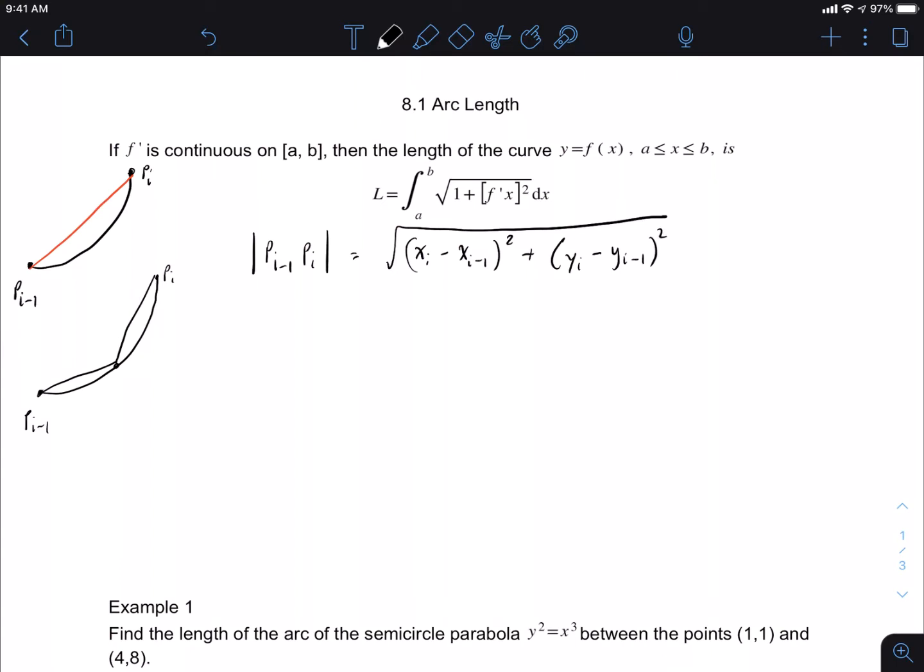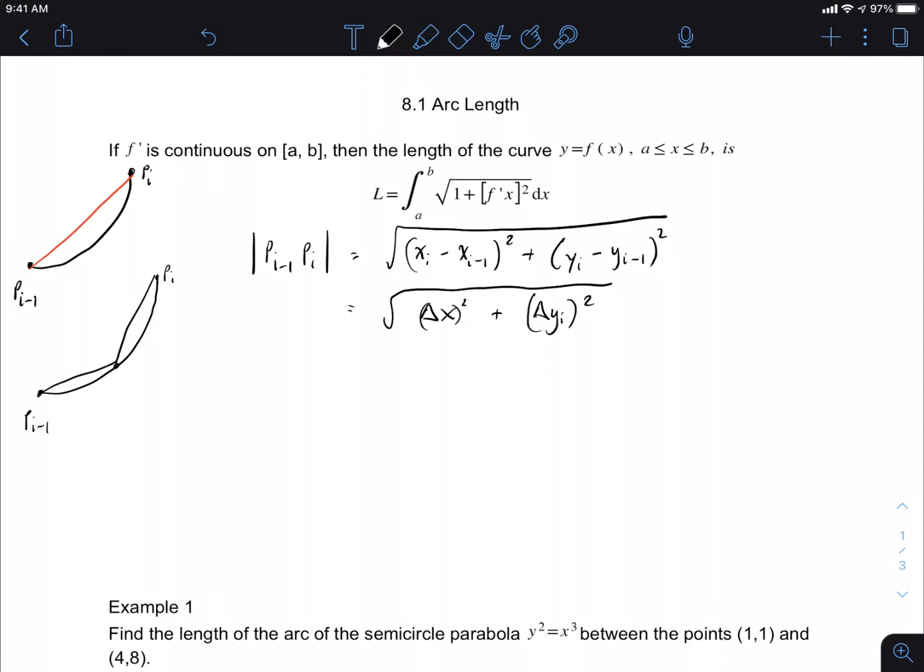But if we have a difference for our x values from one point to the next, isn't that just a delta x, or a change in x? So can't I write that as delta x squared plus delta y sub i squared, right? Isn't that one and the same?